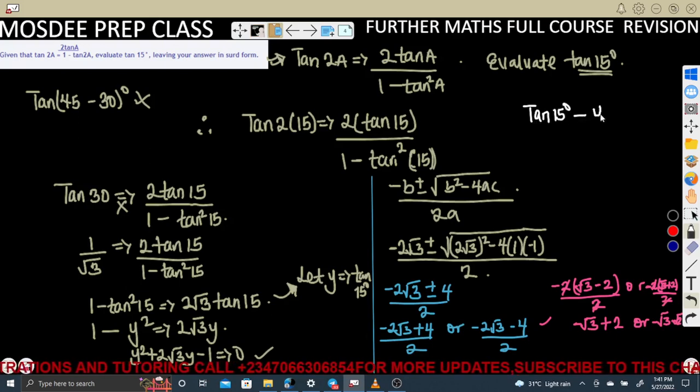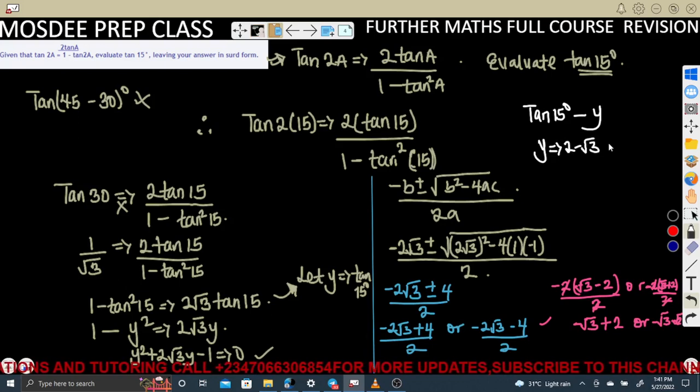Which is the same thing as y. Then the answer can be rearranged: y is equal to 2 minus root 3, or y equals minus root 3 minus 2.